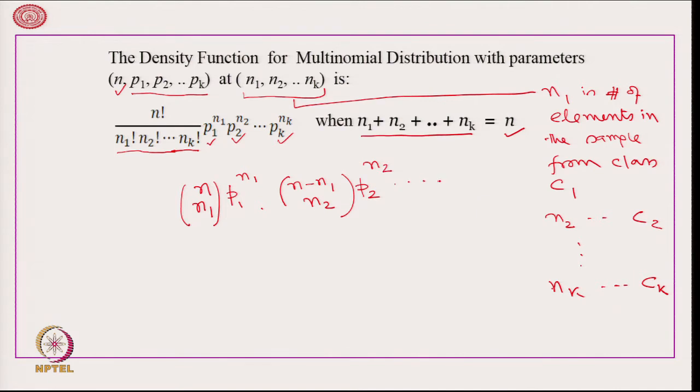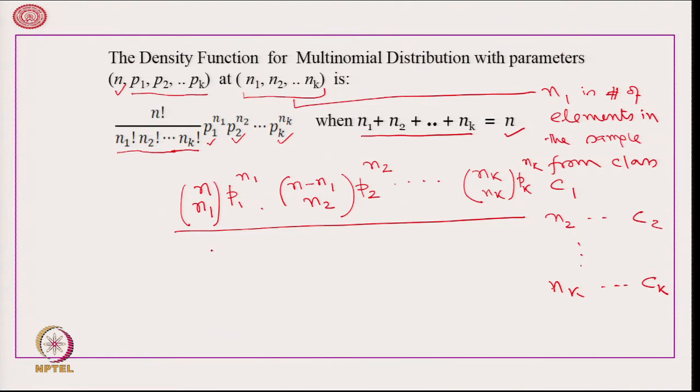Like that, finally, we will have only n_k elements left. So, n_k C n_k, and that will give to the class k, that probability is p_k to the power n_k. So, this is the basic derivation of the multinomial distribution.